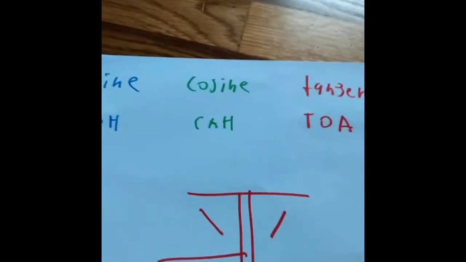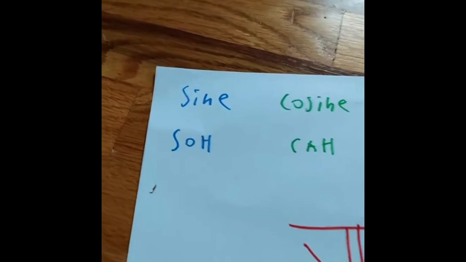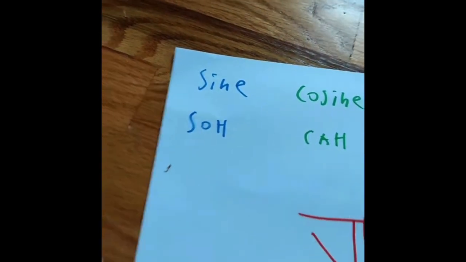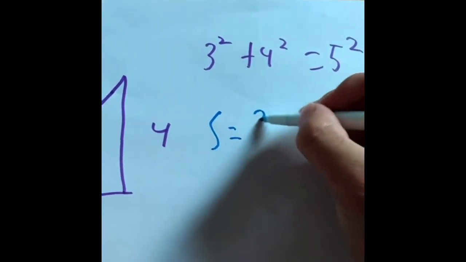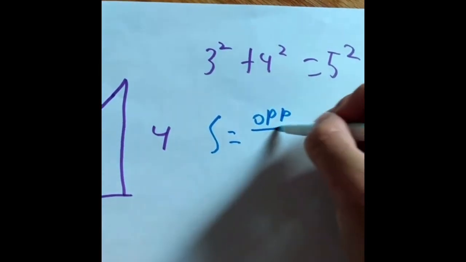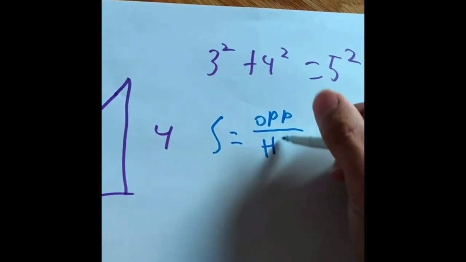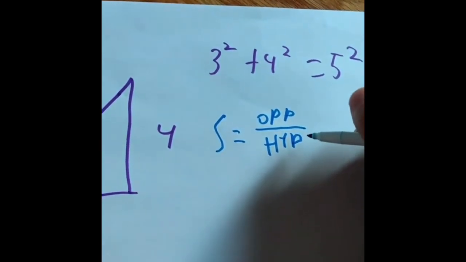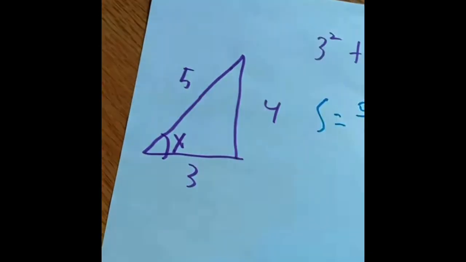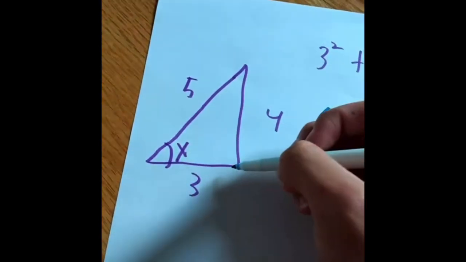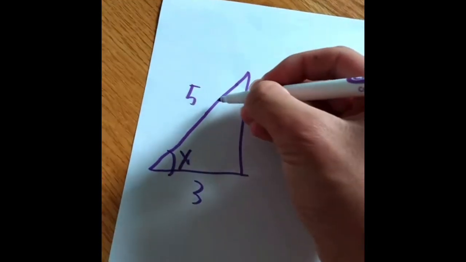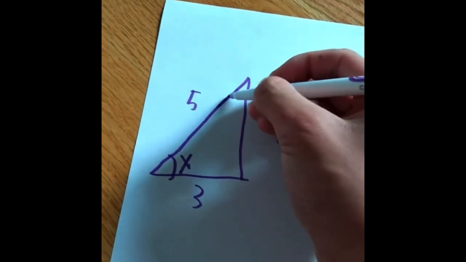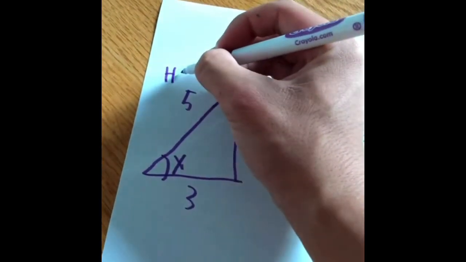So, let's see what the formulas for sine, cosine, and tangent are. For sine, the formula is the opposite divided by the hypotenuse. Not only does our triangle have numbers, but each side of the triangle has its very own name, because we said earlier that the longest side of the triangle is called our hypotenuse.